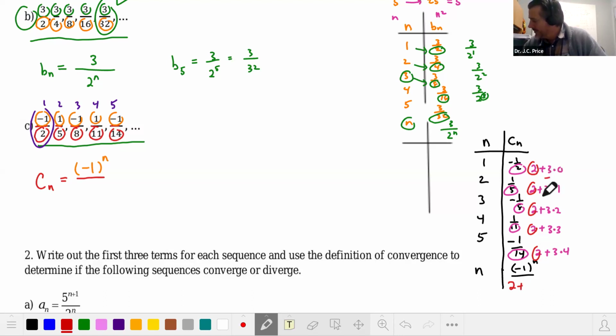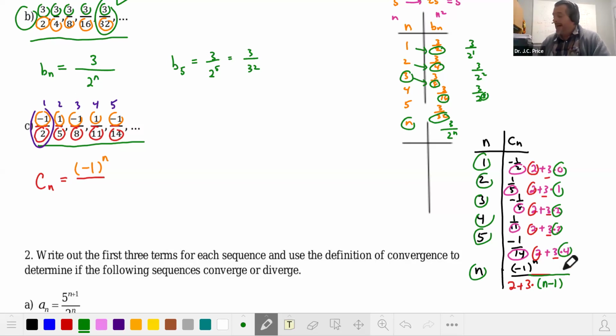And then you always have a 3 in the formula. And then times, now here's the tricky part. Notice, if you have the first term, you have a 0 here. The second term, you have a 1. A 3, you have a 2. A 4, you have a 3. A 5, you have a 4. So if you have n, you have 1 less than n, so times n minus 1.